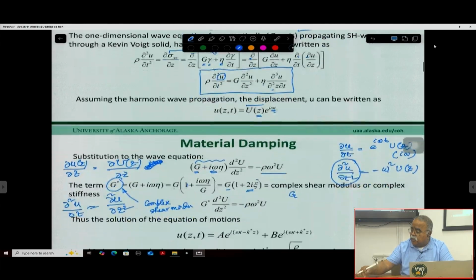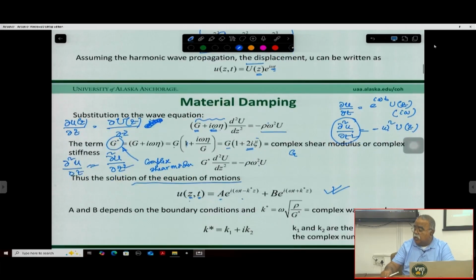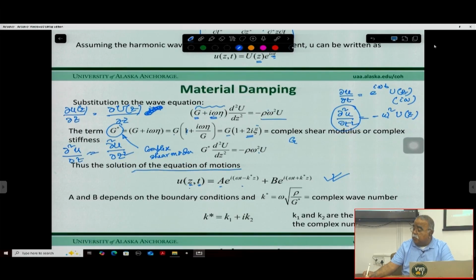So apart from this, that means G prime will be equal to d²u/dg² into rho into this part. So this has a solution u(g,t) equal to A into e to the power i, because this is the wave equation. So at each depth with time t, the equation of the solid will be like this, and then k prime equals omega into G prime.